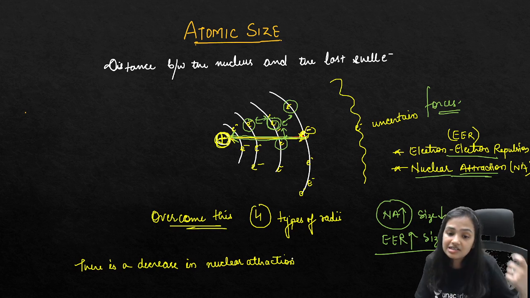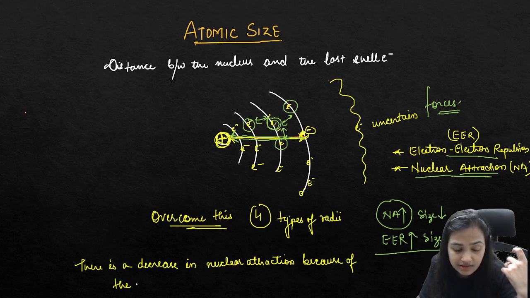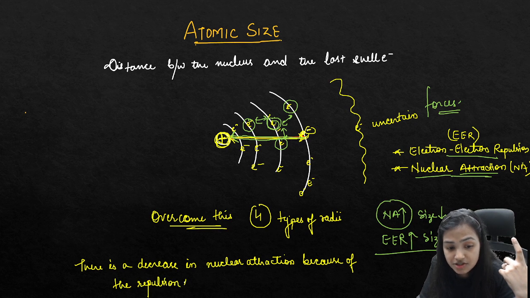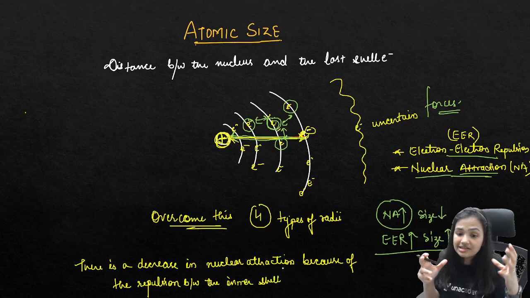Why is there a decrease in nuclear attraction? Because of the repulsion between the inner shell electrons, so there is a decrease in nuclear attraction.